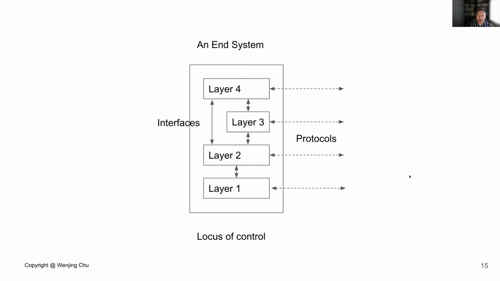Let's look at end systems specifically. And this is where it is defined by locus of control. For the end system, we look at a 4-layer pattern of functionalities.